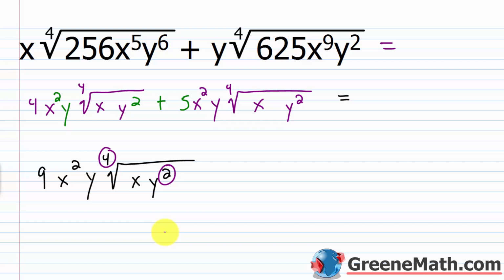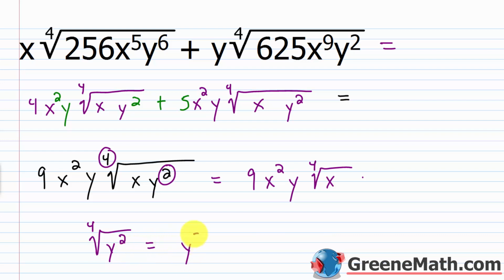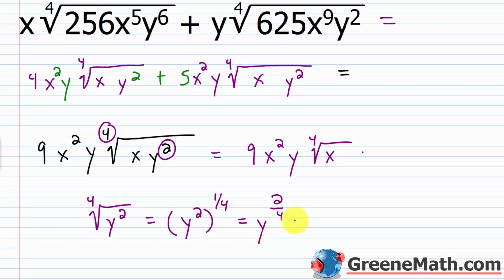So you can further break this down and say that you have 9x squared y times the fourth root of x times, if I think about y squared, and we have the fourth root of that, well, in exponent form, this is y squared raised to the 1/4 power. So this is y raised to the power of 2 over 4, or y raised to the 1/2 power.